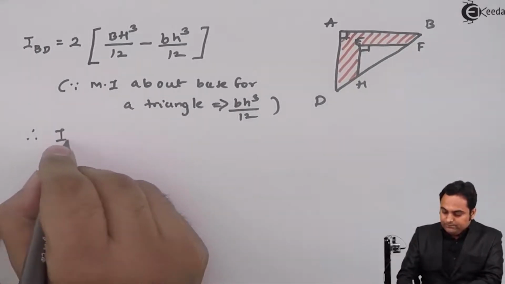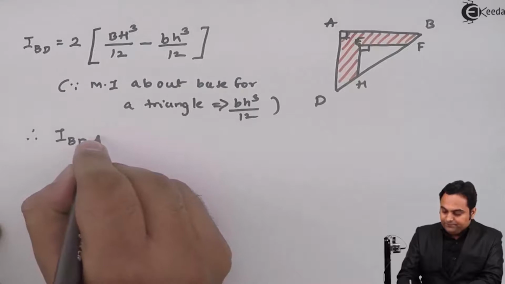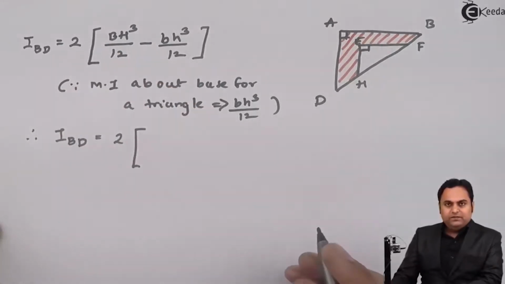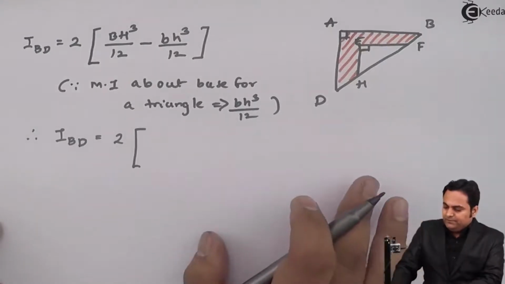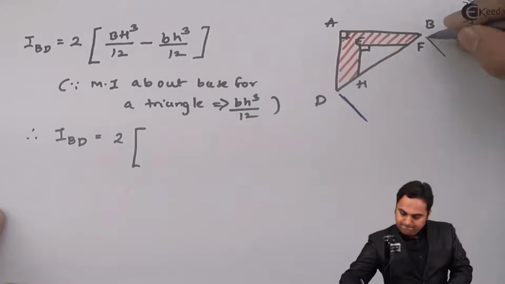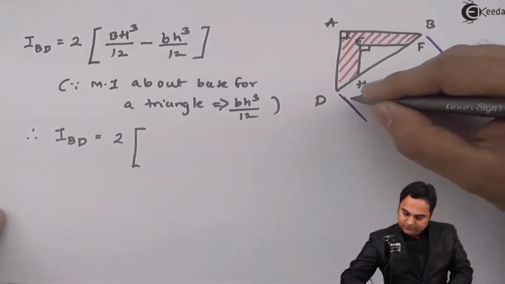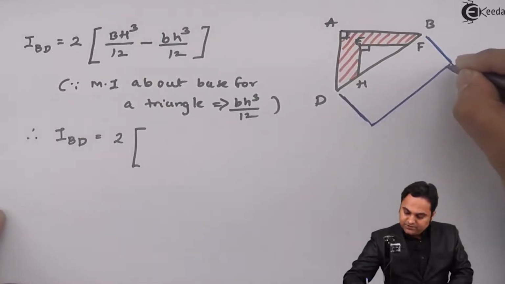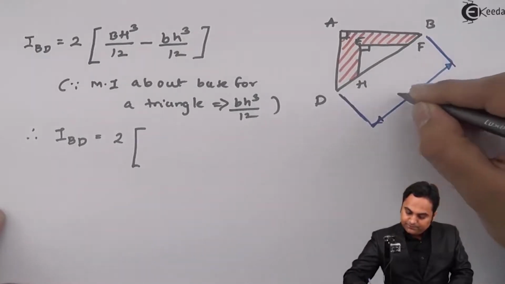Therefore IBD is equal to twice of capital B. Now what is capital B? It is the length of diagonal BD, because this is the base of the triangle we are considering.